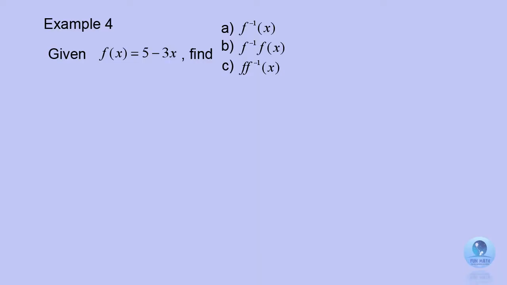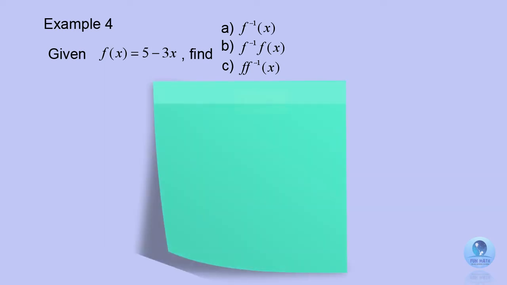Now let's look at the fourth example. You are given function f of x equals 5 minus 3x. Question A. Find f inverse of x. To answer question A, just follow the same steps. Let f inverse of x equal y. f of y equals x.